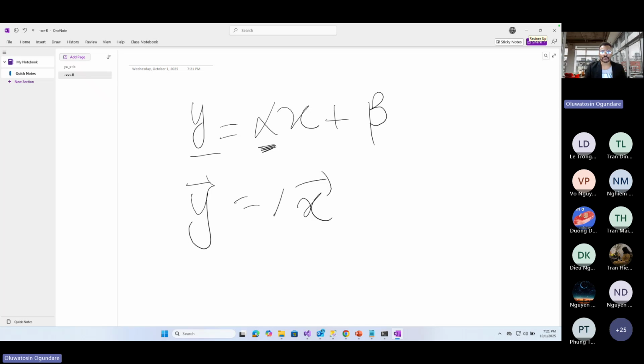What then happens to alpha based on what we did last time? If x is a vector, what is alpha? Alpha is a vector.